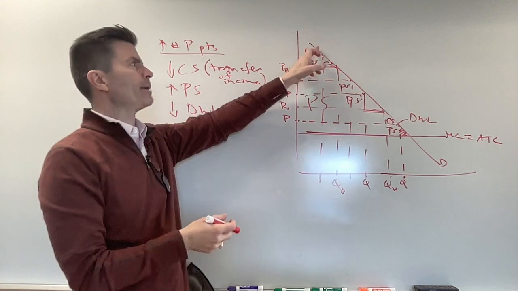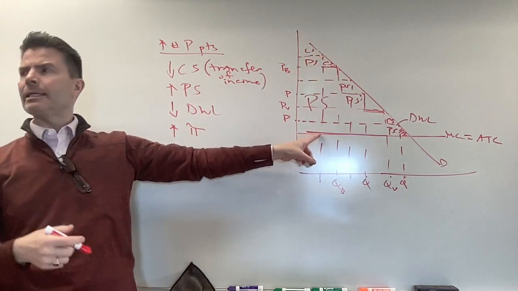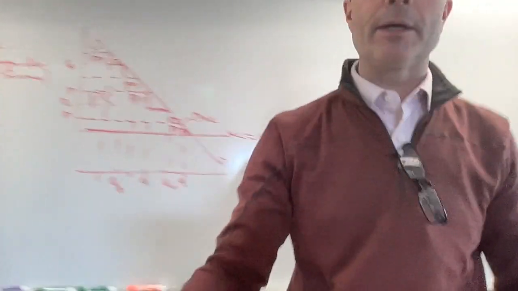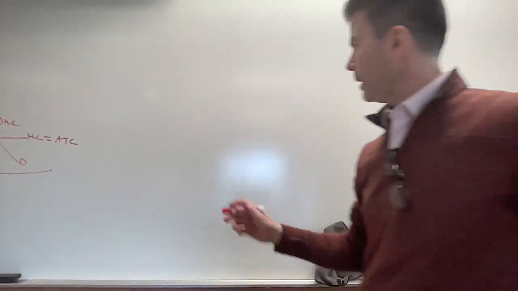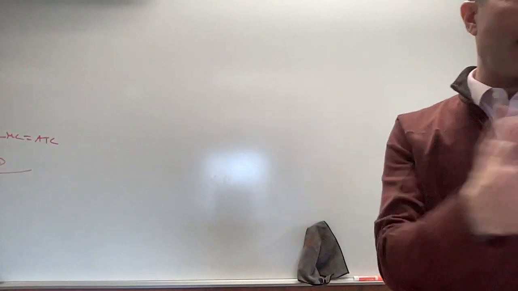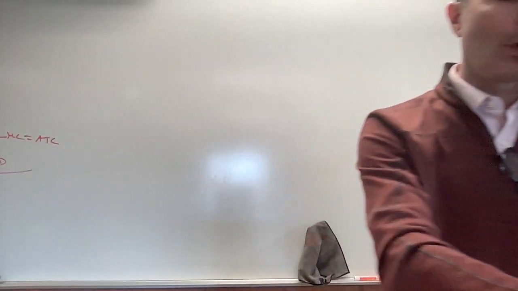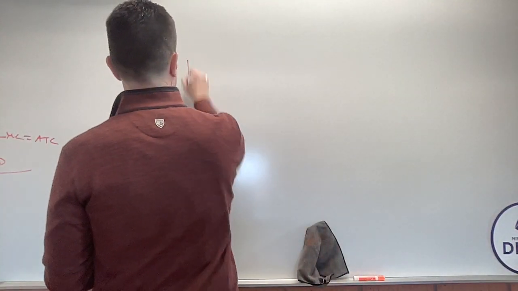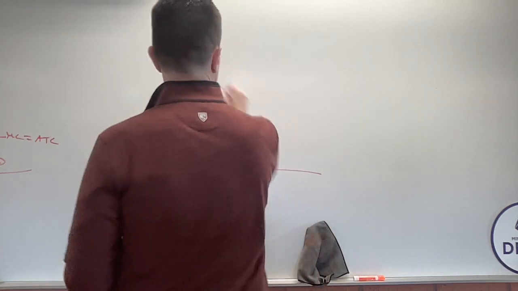Because this is the price that I'm getting. This is the price, this is the ATC. And so now I'm going to go over here and flip your page on the left-hand side. We're going to ignore what the information is at the top. On the left-hand side, all I want you to do is draw this graph here.